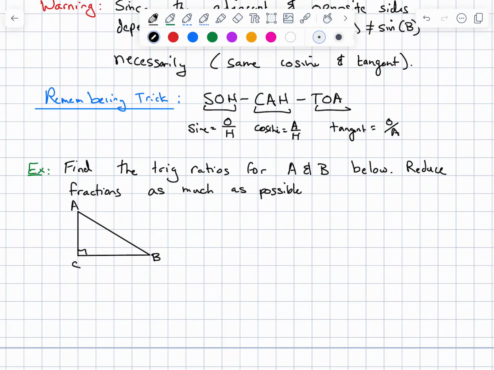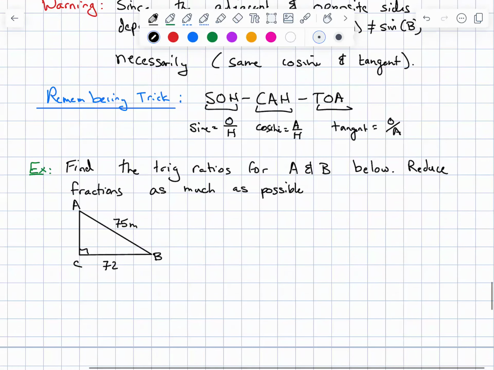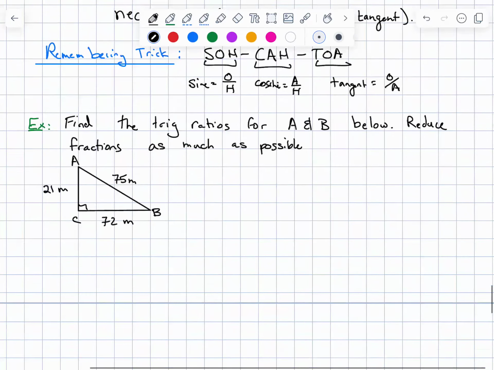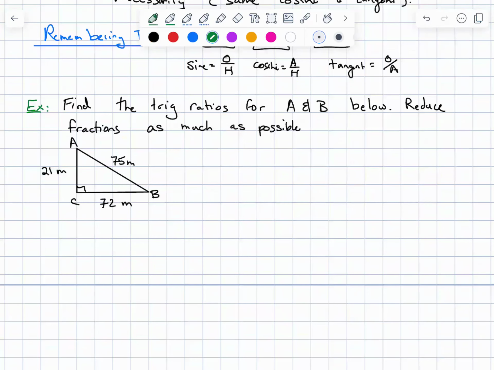And then it tells us the hypotenuse is 75 meters, the base leg is 72 meters, and the height leg is 21 meters. So we'll find the trig ratios for A first and then B, but it doesn't really matter if you want to go backwards and forwards.